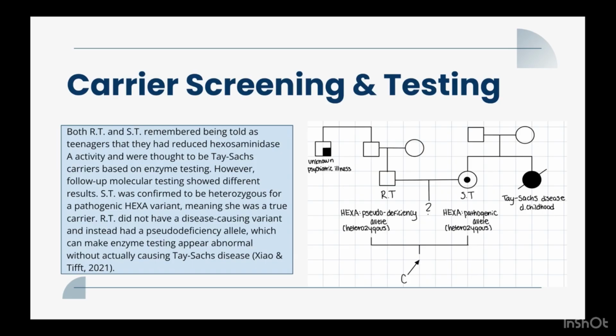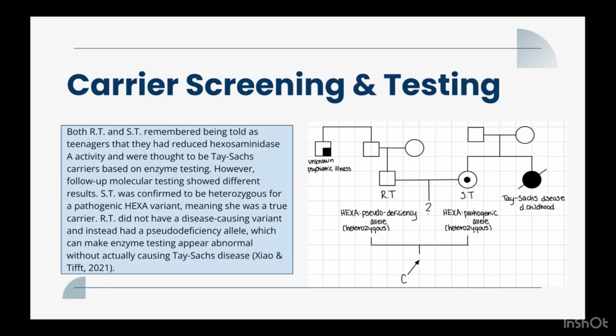RT did not have the disease-causing variant, but he did have a pseudodeficiency allele, which can make the enzyme testing appear abnormal, but he doesn't actually have Tay Sachs disease. So that's something also really important to note.